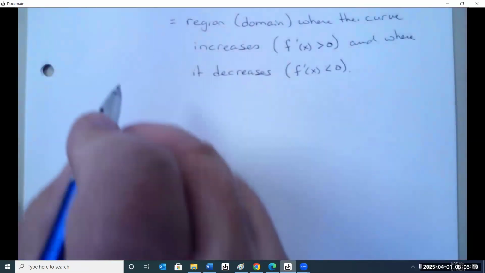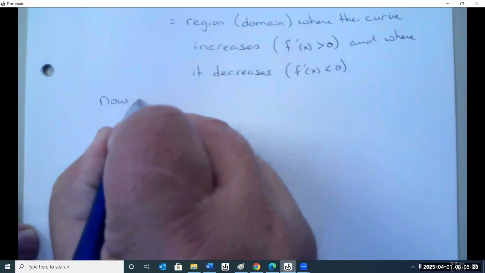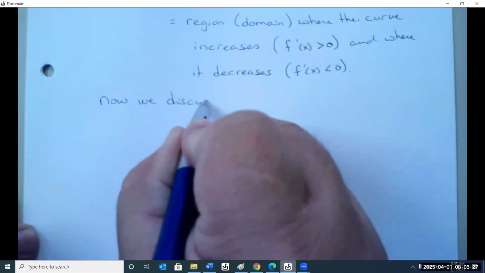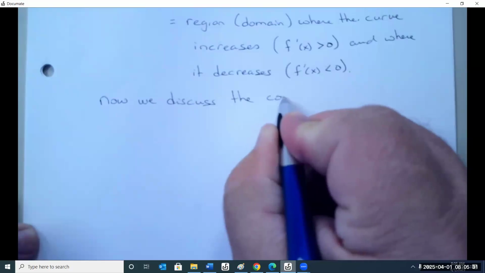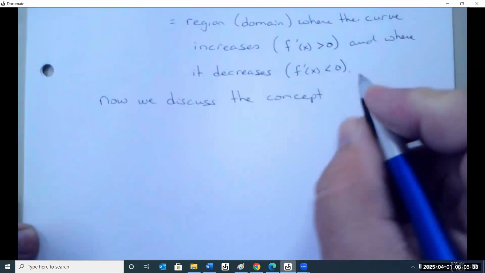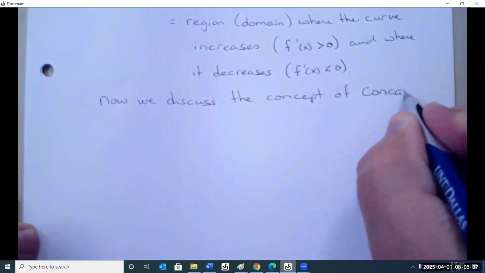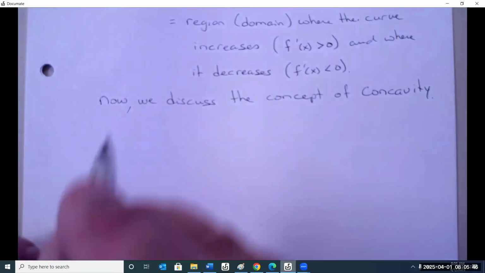Now, in this section, of concavity. Now, we discussed the concept of concavity. Concavity means what?